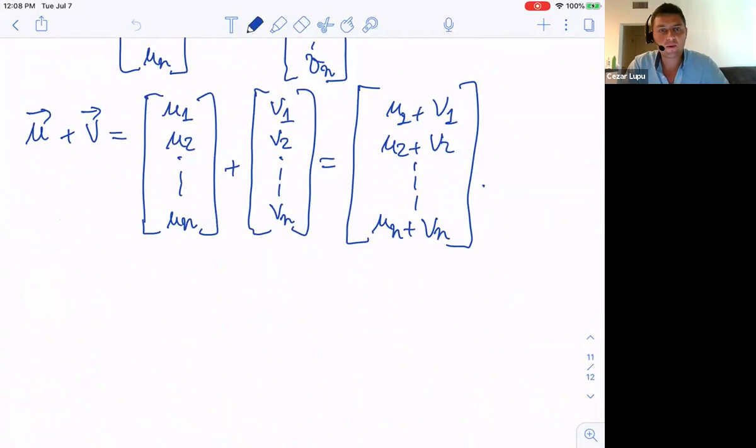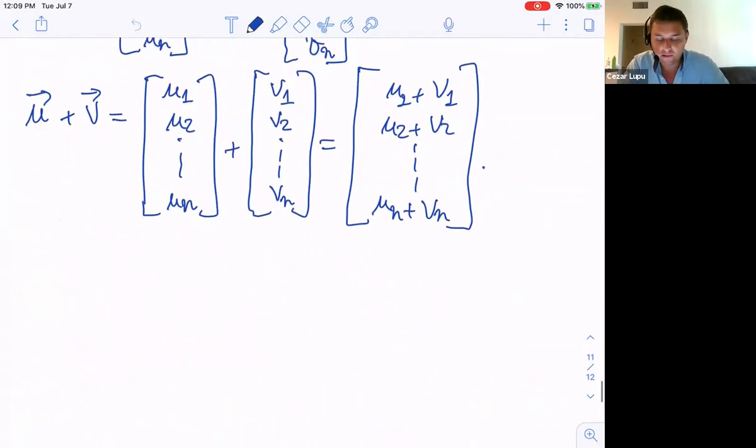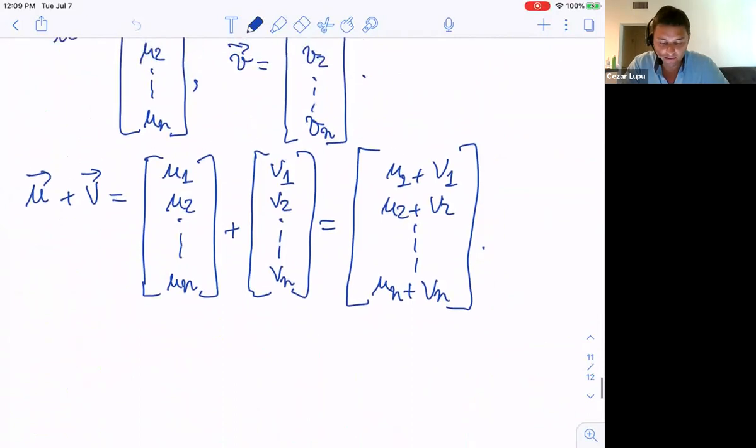So now let's start with our lecture. As you can see here, we started talking about vector spaces, right? We've seen what a vector space is, and so on. Now, I want to continue with this.